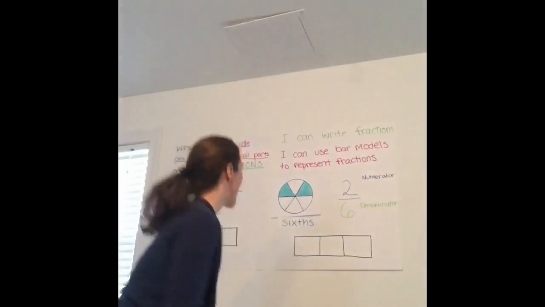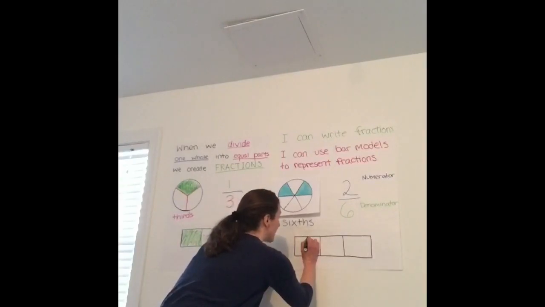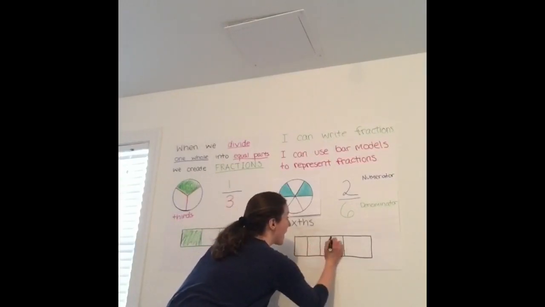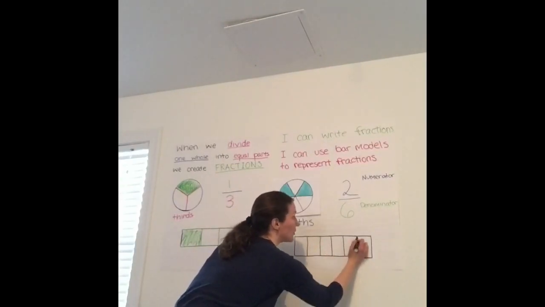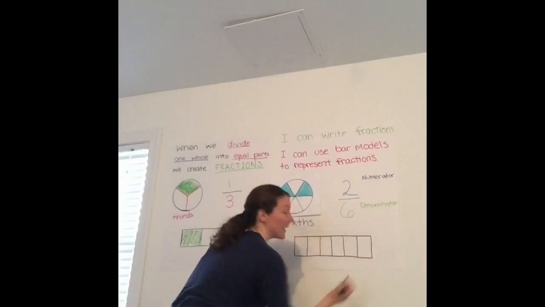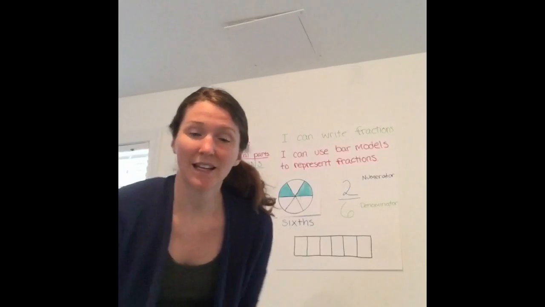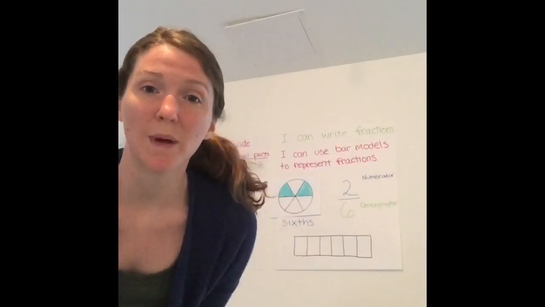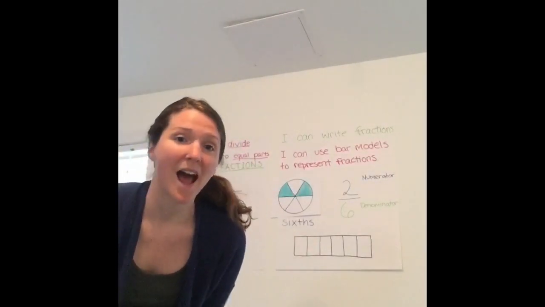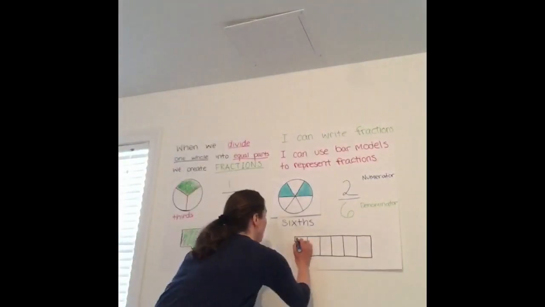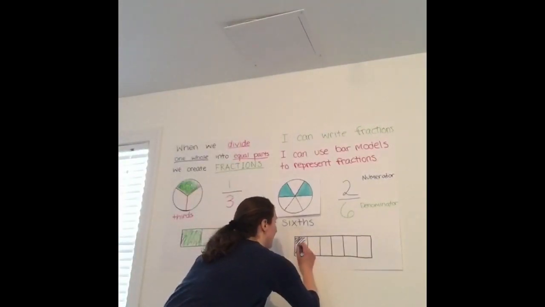So if I divide each third into 2, now my whole rectangle is divided into sixths. All right, and how many sixths do I need to color in? I need to color 2 sixths.